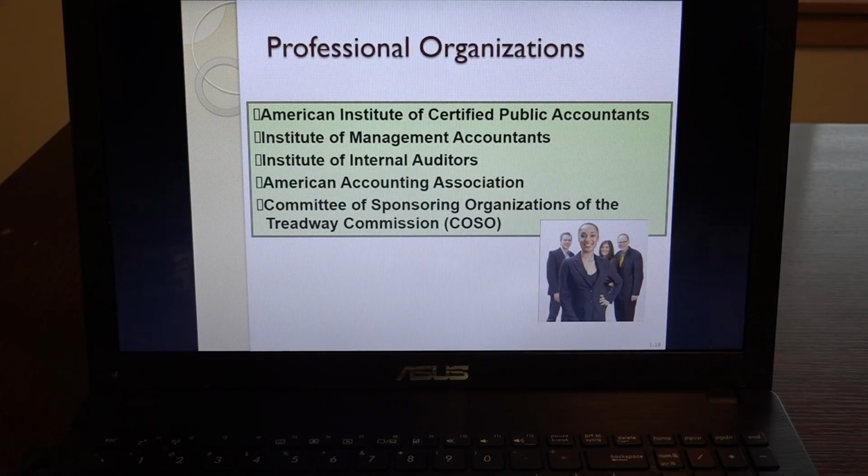As a matter of fact, when an auditing firm audits a company, they're not only auditing the financial statements, they're auditing the system of internal controls for that public company and rendering an opinion on the effectiveness of those internal controls.